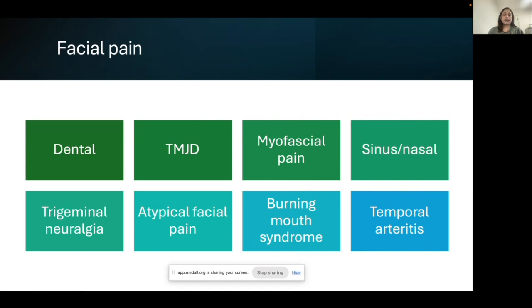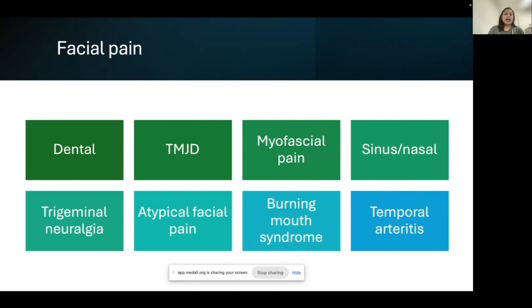It's a clinical diagnosis, but all patients need an MRI just to rule out a space-occupying lesion, or in younger patients, MS. Treatment is normally anticonvulsants such as carbamazepine, and sometimes people use neuropathic agents, but they don't tend to work very well. Or if a cause is found, they can have decompression of the nerve or some cryotherapy to it, but that's all done by specialists.